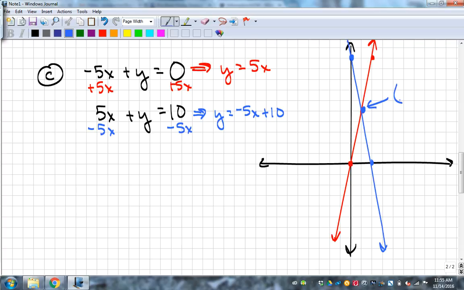One solution at 1, 5. X value, go over 1. That's where that's at. And then it's 1, 2, 3, 4, 5 up. 1, 5 is the solution for that system of equations. One solution, they're going to cross. That's what we should be getting out of this. They're going to cross if there's one solution.